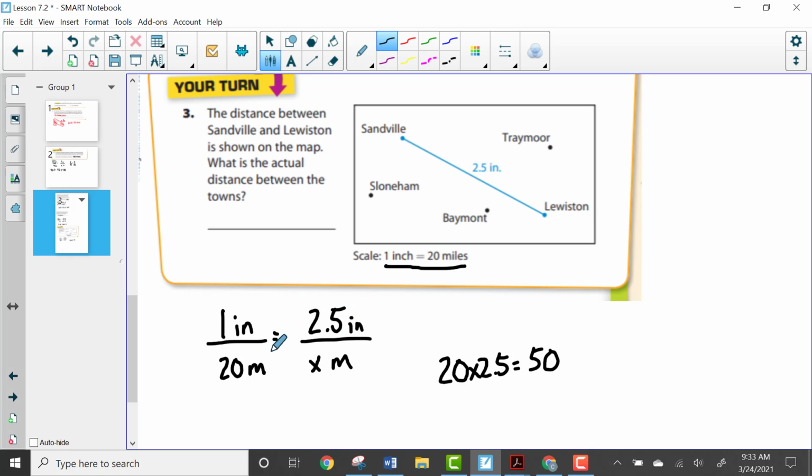So we cross multiplied the 20 times 2.5 here. And then we're going to divide by that other number we did not cross multiply with, which is 1. And that's going to give us 50. So 50 for the value of x there. So what's the actual distance between towns? We can see 50 miles in between towns. We'll write that in for question 3 on page 181.